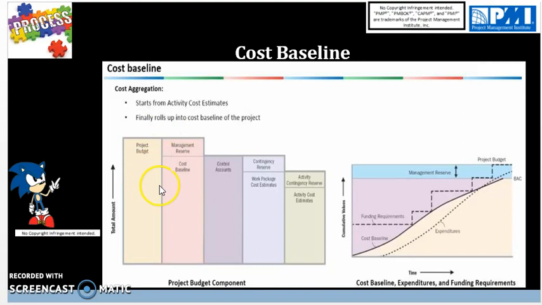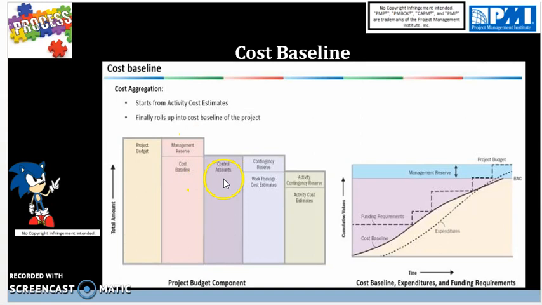That's the whole budget. Cost baseline, however, is control accounts plus contingency reserves and work package cost estimates and contingency reserves. So you can see how separate the management reserve is from the cost baseline.